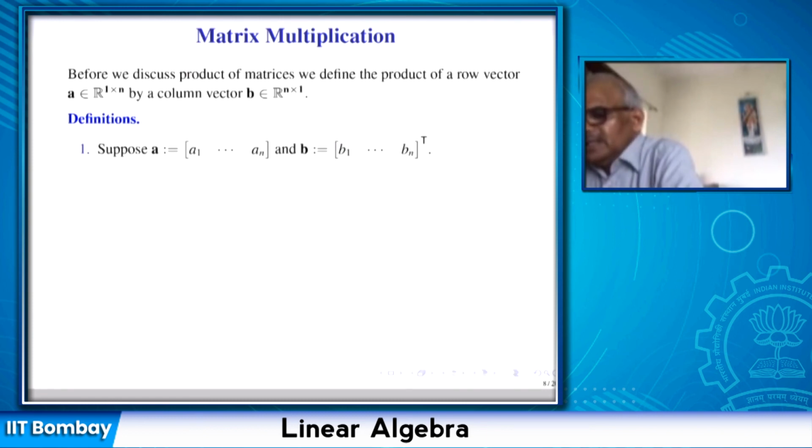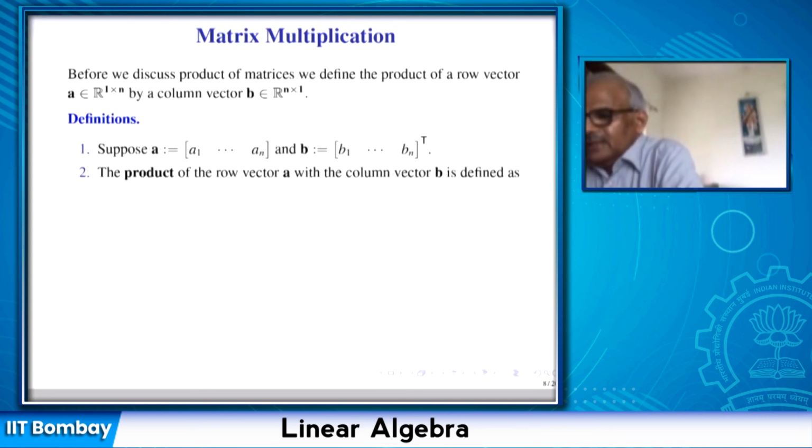So display the entries of the row vector as a1 up to an and the column vector as b1 up to bn transpose. Then the product of this row vector and the column vector is simply the dot product of these two vectors: a1 b1 plus ... plus an bn. So this is how we take the dot product of two vectors in Rn, and we think of this row vector and the column vector as elements of Rn, n-dimensional space, and take the dot product.